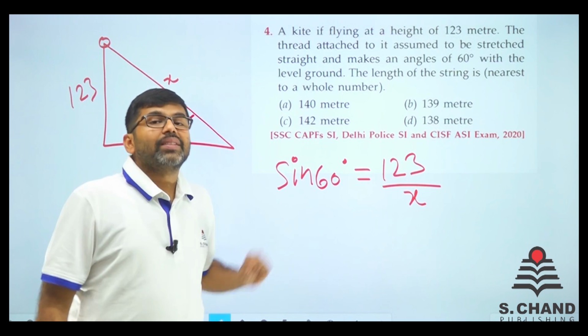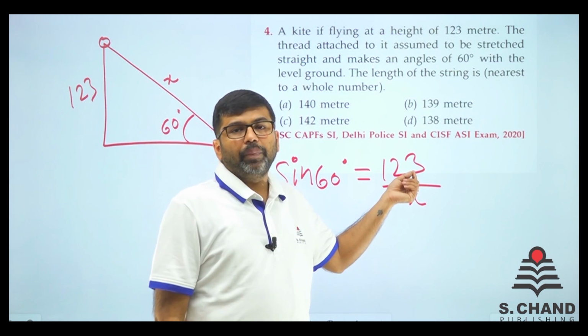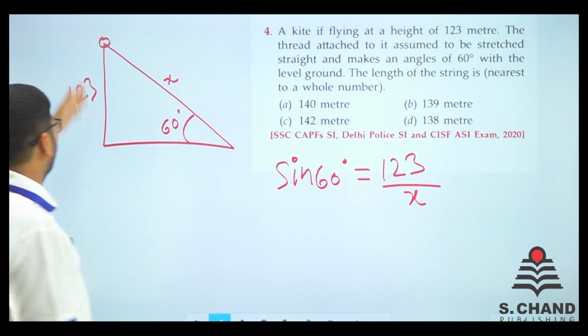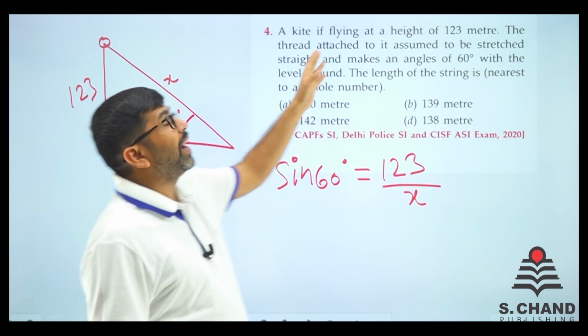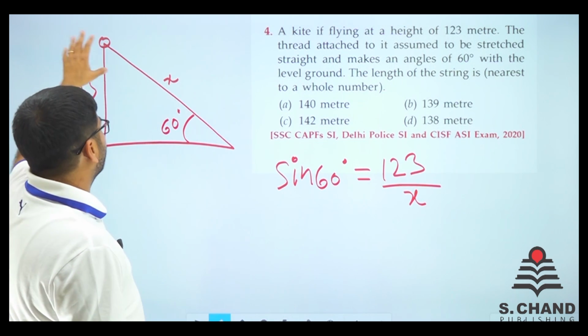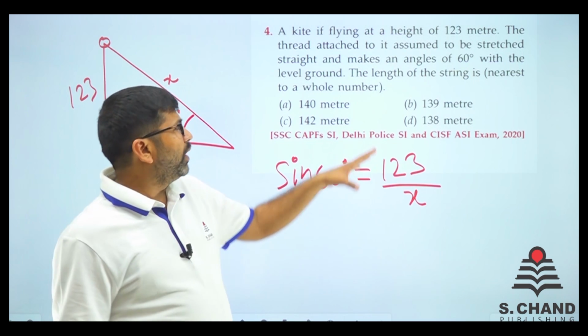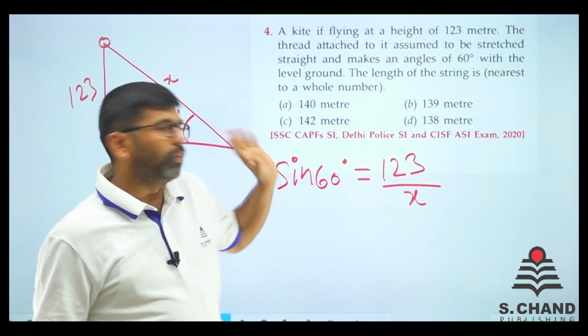Sin theta is perpendicular upon hypotenuse. P, that is perpendicular, because it is said the kite is flying at the height of 123 meter, and we have to find the length of the string to the nearest whole number.